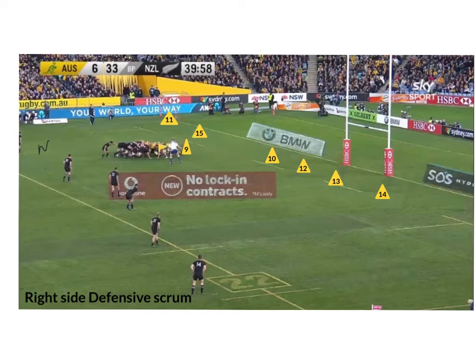I'm just trying to work out where we're weak in that situation. My concern would be a 10 coming late there. But I'd like to think that 15 can cover that with the 9.